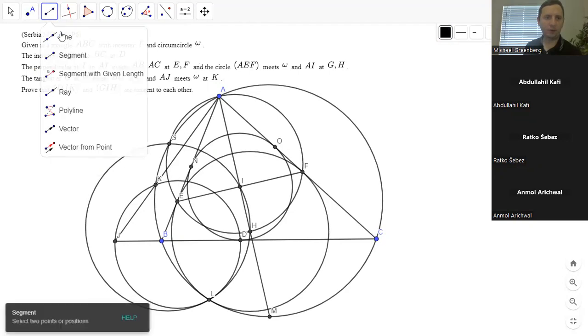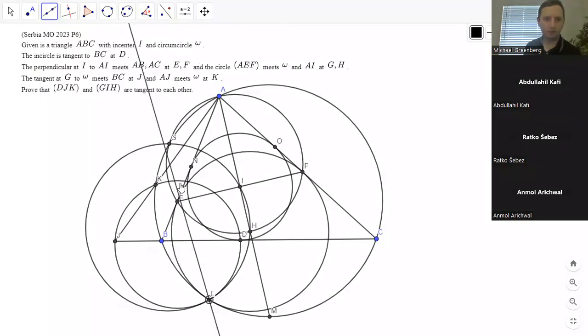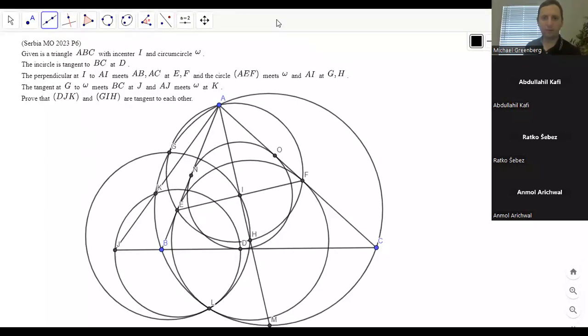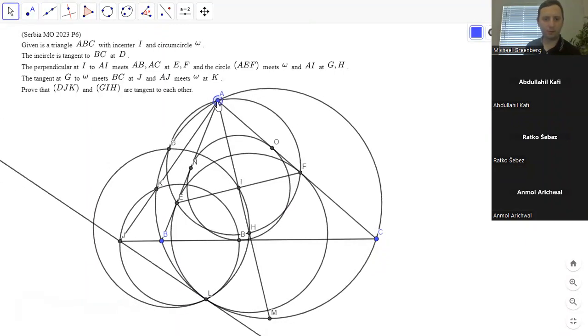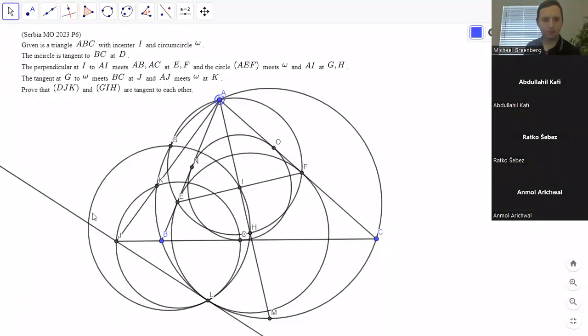I wonder if G, E, and L are collinear. No. JL is tangent to ABC. Are you sure about that? Right, let's see. Interesting. I did not realize that. That's good to know.